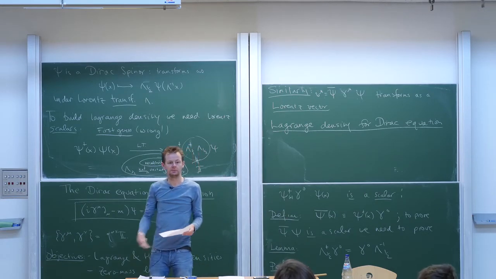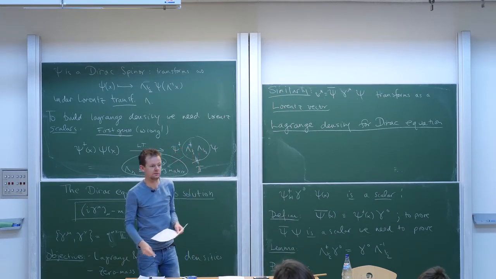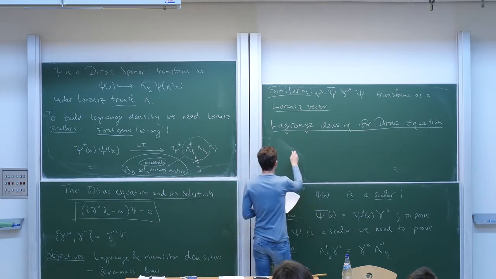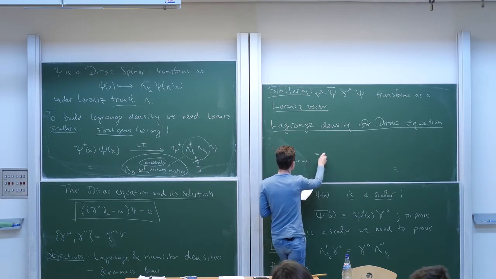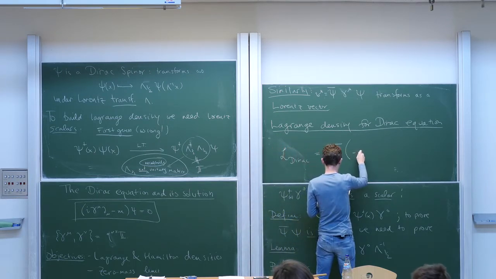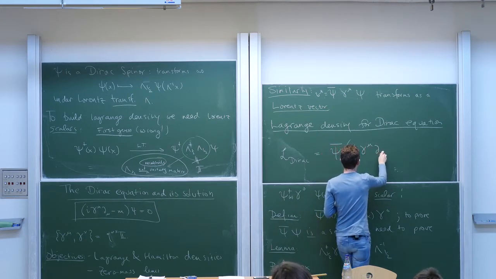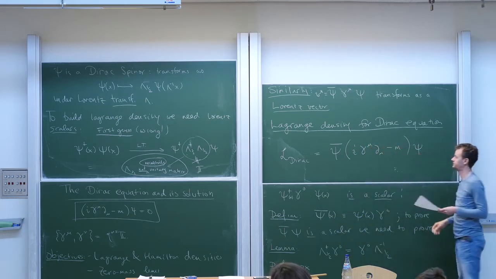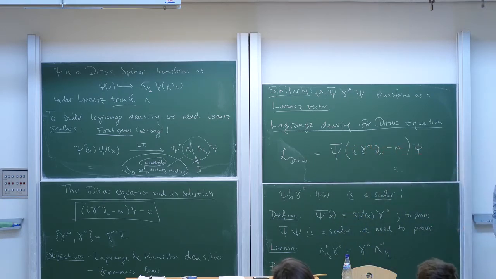So we know how to build scalars, we know how to build vectors, and that's all we need actually to give us this Lagrange density. So this is ψ̄, not a minus but an i, γ^μ ∂_μ minus m, ψ. That's a perfectly respectable scalar quantity.